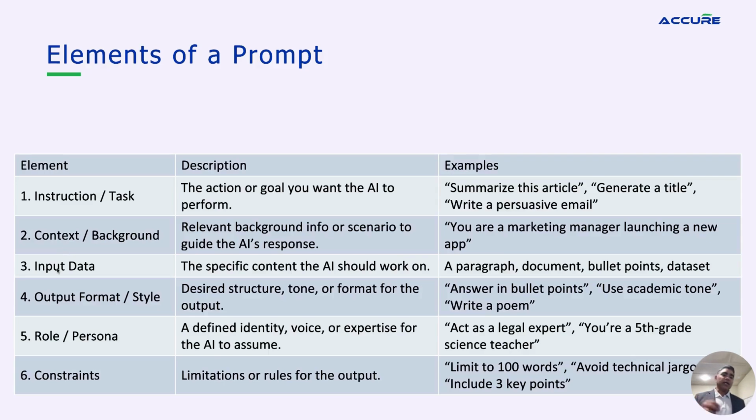You can also provide some input data, and you can ask AI to generate the output in a certain format, that means output format. And you can ask AI to play a certain role or persona, such as you may ask AI, you are a lawyer, and now generate the answer as if you are a lawyer, or as if you are a scientist or an engineer, and so forth.